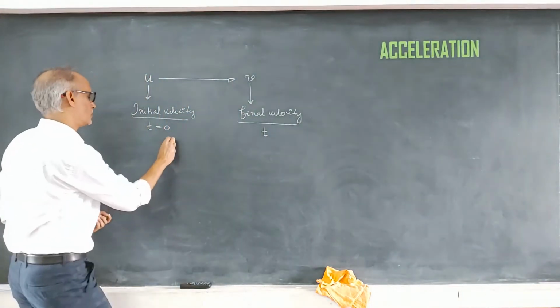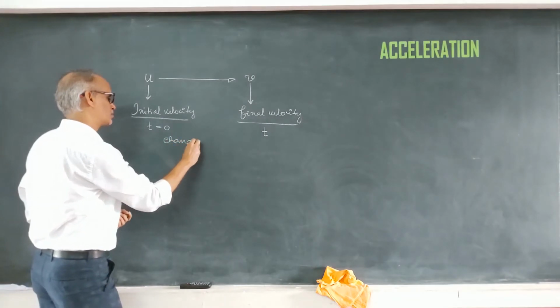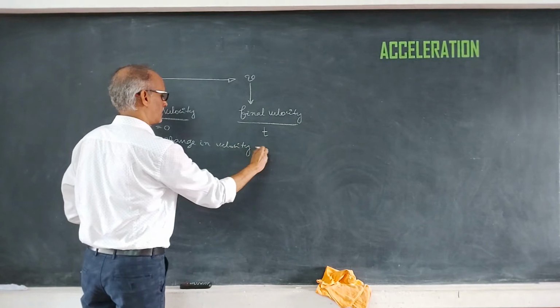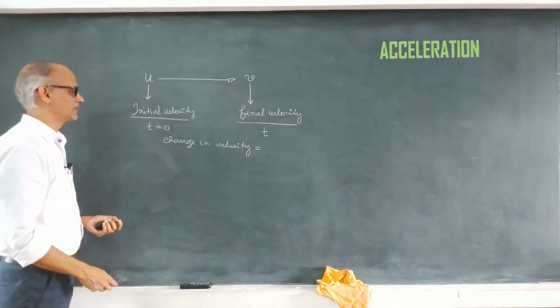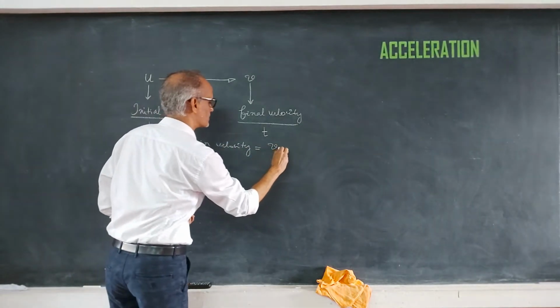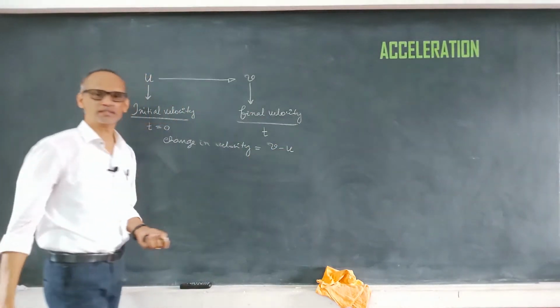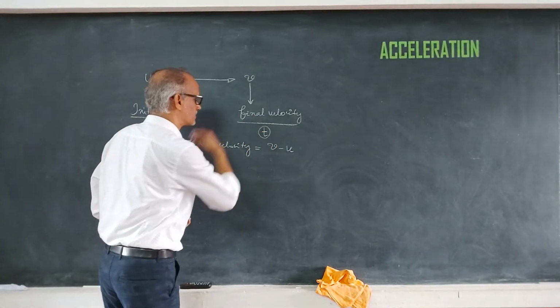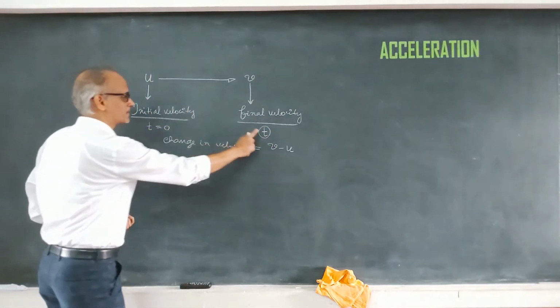Now, what is the change in velocity? The change in velocity is final minus initial, which is v minus u. This change takes place in a time of t seconds. t minus 0 is nothing but t.